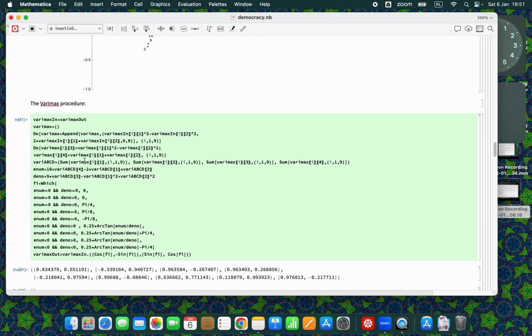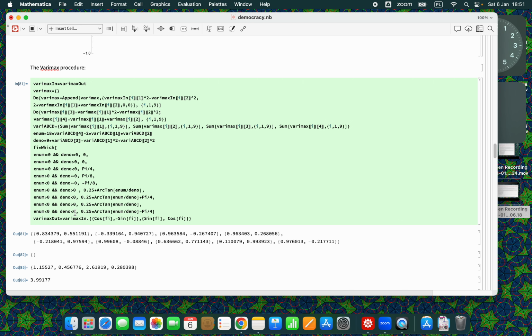So I tried this procedure once. As you see here, there is all this complicated rule of associating an angle to the result of our calculations, taking into account the numerator and denominator signs.